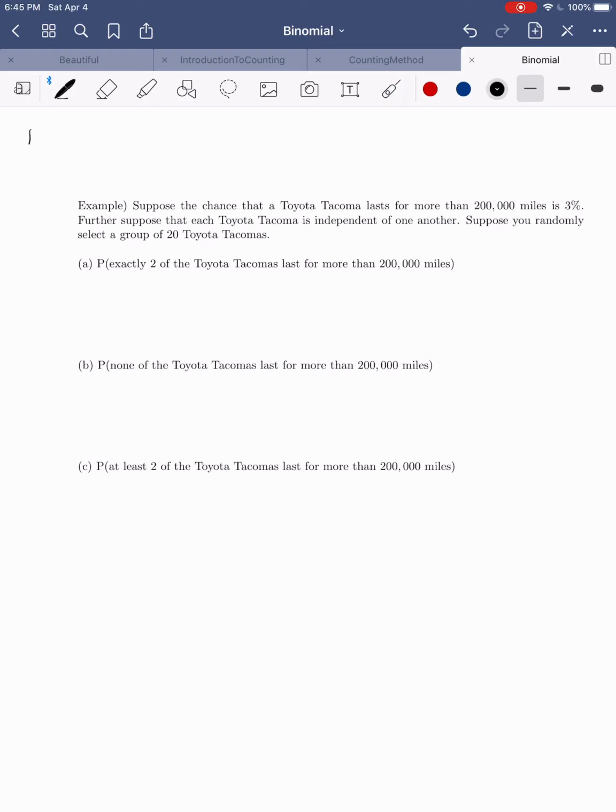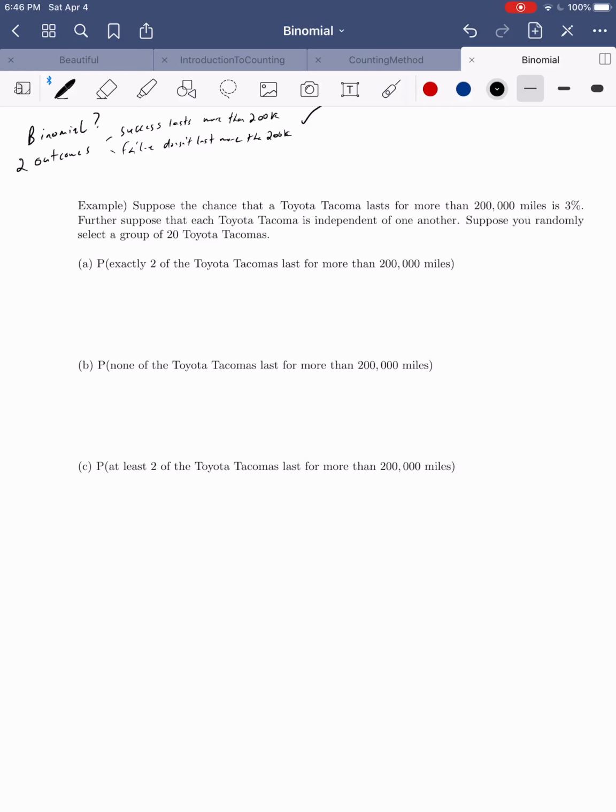So let's ask ourselves here, is this binomial? Are there 2 outcomes? Well, the 2 things we're interested in is, does it last for more than 200,000 miles? So we would count a success as lasts more than 200,000. The failure doesn't last more than 200,000.